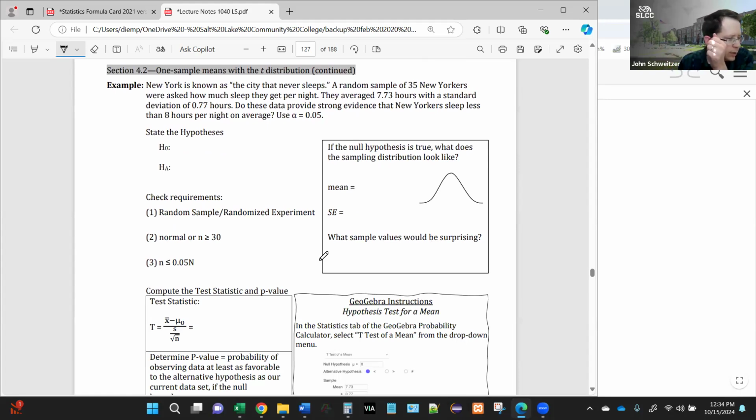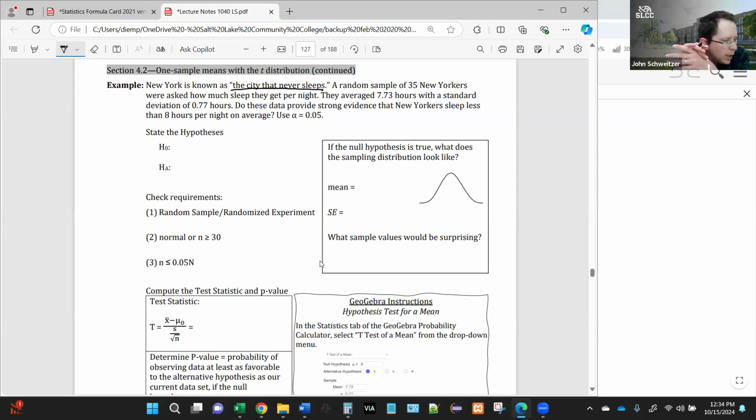So New York is sometimes referred to as the city that never sleeps. Okay, and of course, we don't mean that literally. It just means that it's a very busy, maybe kind of an exciting place full of people that are maybe working extra or, anyway, kind of restless, right?